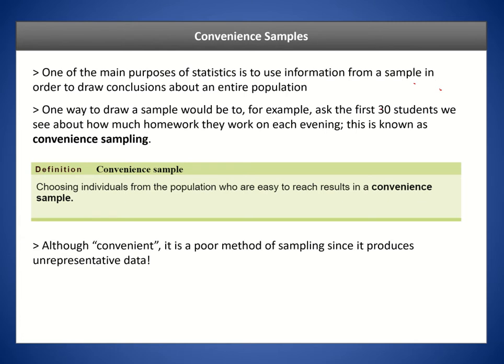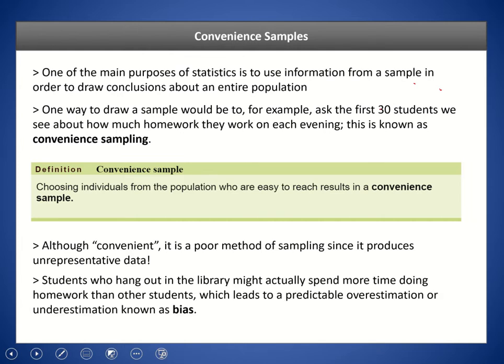And if you conveniently choose those that are easy to reach, then that leaves out some of the variety in the individuals who may not be as easy to reach, right? You want everyone to have an equal chance of representation, and you eliminate that when you do a convenience sample. So students who hang out in the library might actually spend more time doing homework than other students, which leads to a predictable overestimation or underestimation.